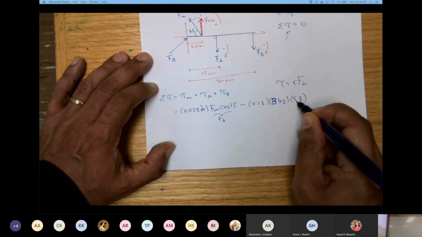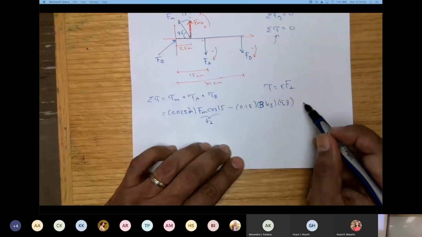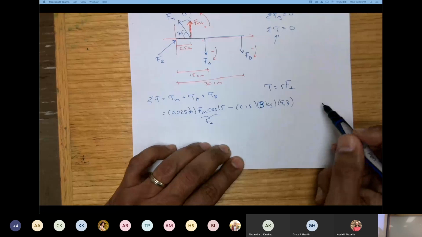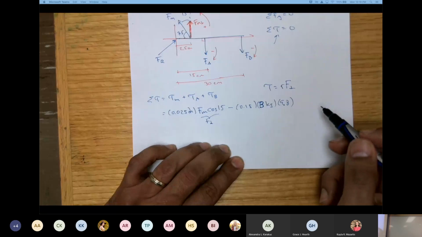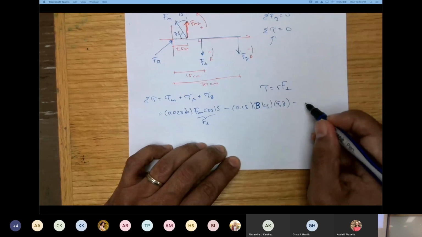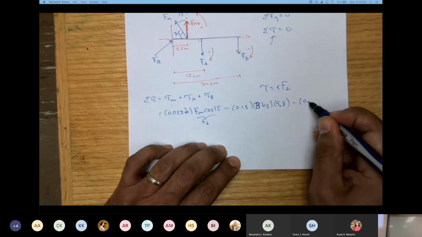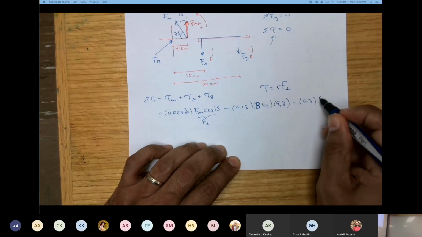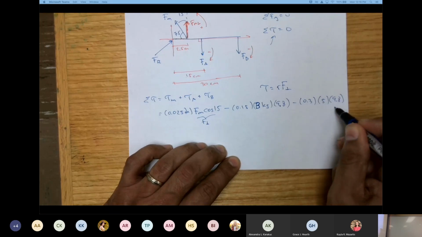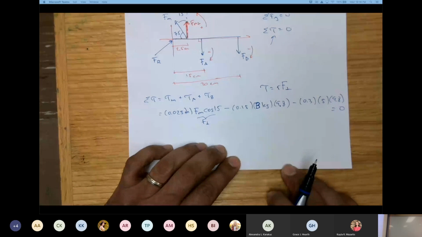We have a sine of phi here, but it's sine of 90 degrees, so that's going to be 1. So we don't need to write it. And then for the dumbbell, we're going to have 0.3 times 5 times 9.8. And this is going to be equal to 0. Makes sense?